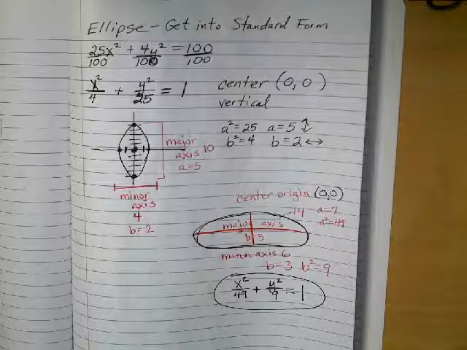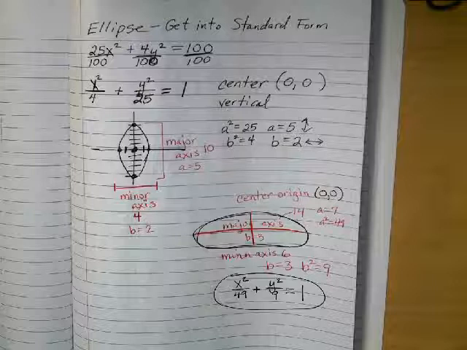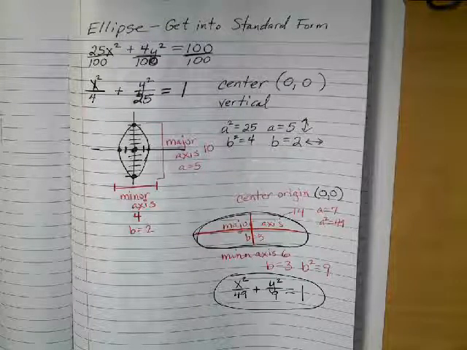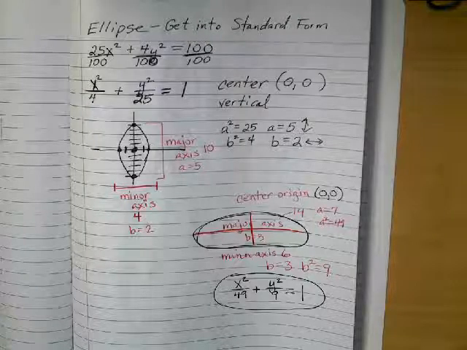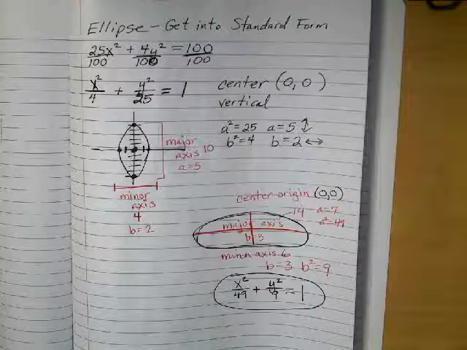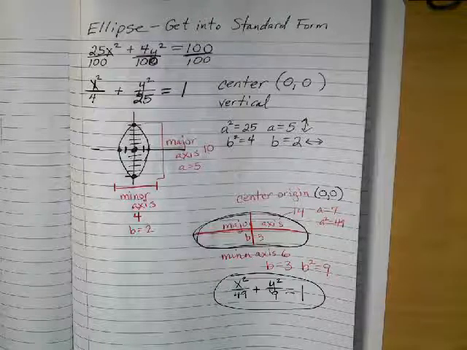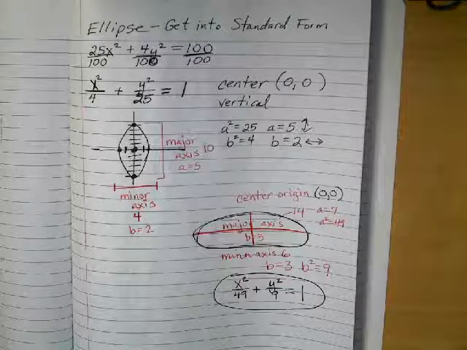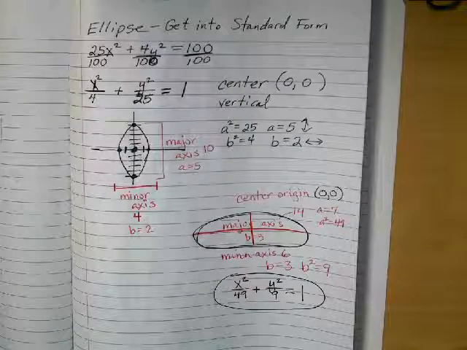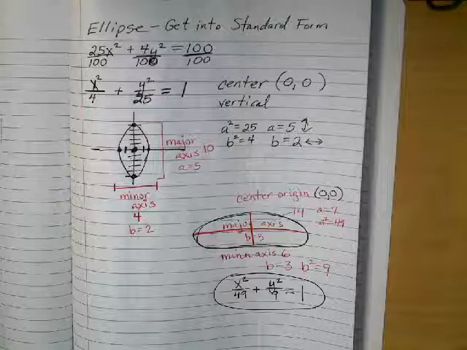So the y-intercepts are, yeah, 3 or 0, and then this is 0. Yeah, it's tricky, isn't it?